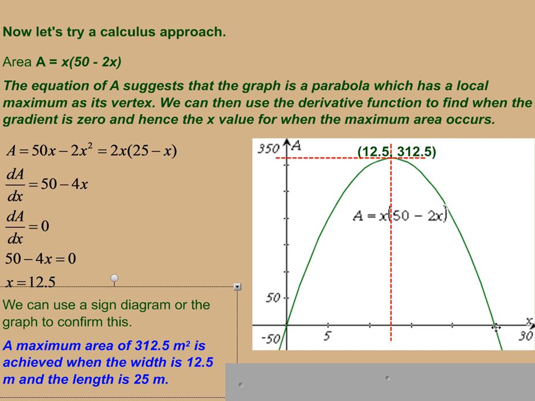Because of the symmetrical nature of a parabola, we know that its turning point, or vertex, occurs halfway between these two. Notice that the graph for x less than 0 is irrelevant here, because we have no concept of negative length, so it's not realistic to talk about negative areas. So the domain of this problem is really between 0 and 25.